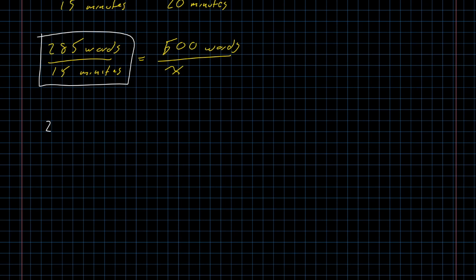We have 285 over 15. The numerator is in units of words. The denominator is in units of minutes.